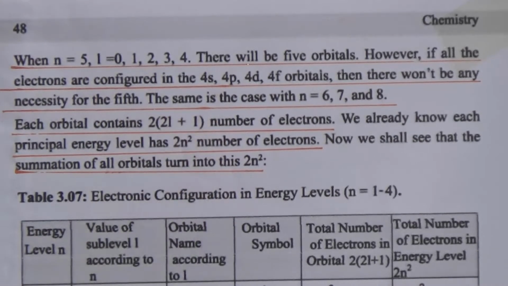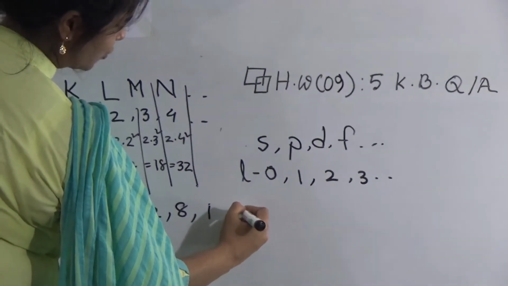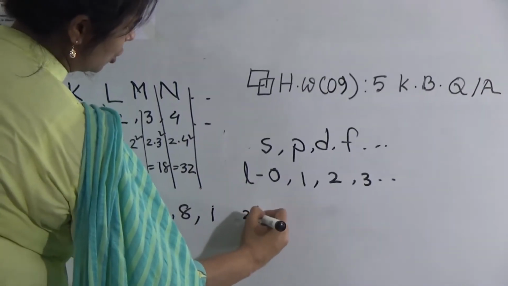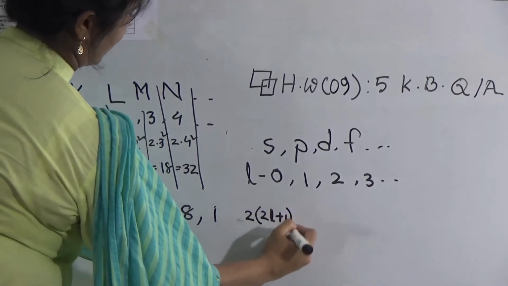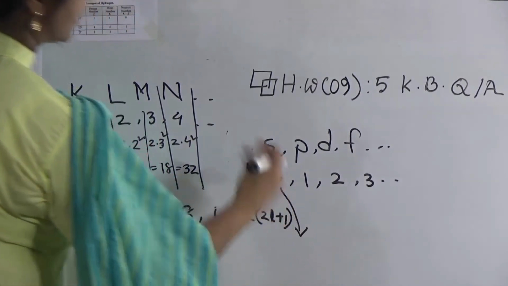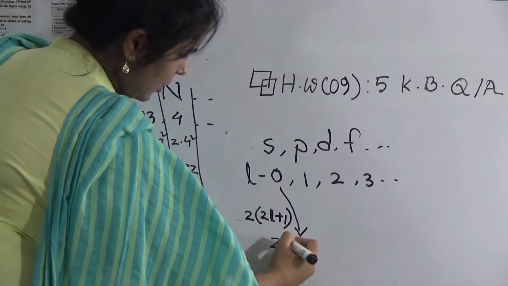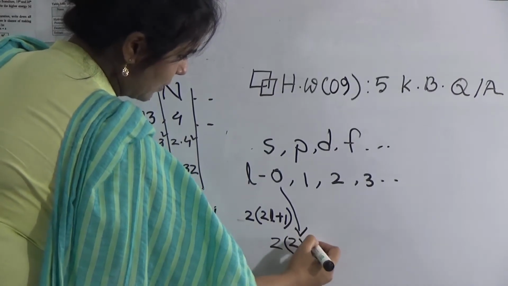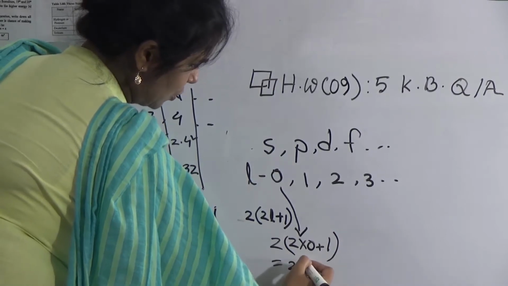Each orbital contains 2 multiplied by (2L plus 1) electrons. Come to the board. I have said finding out like 2n square, here it is 2(2L plus 1). By following this formula, the s orbital has the value of L as 0. 2 multiplied by (2 times 0 plus 1) is equal to 2.